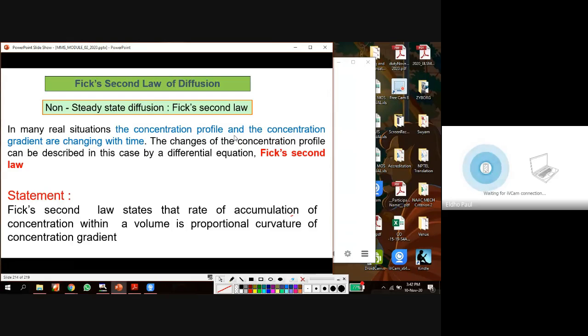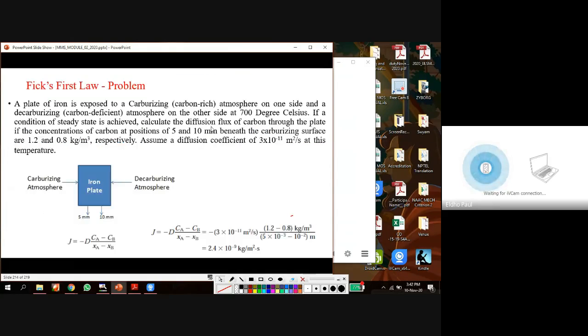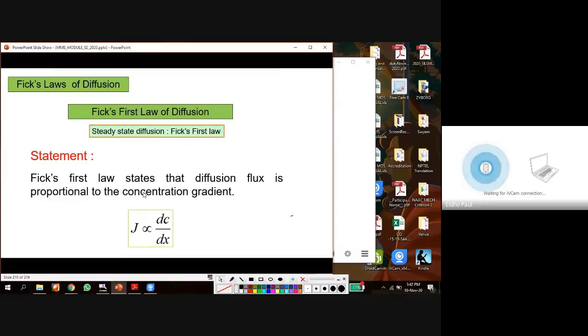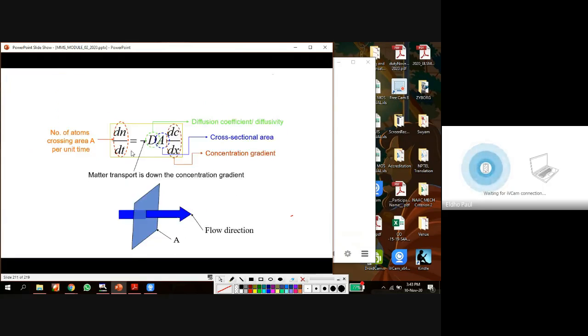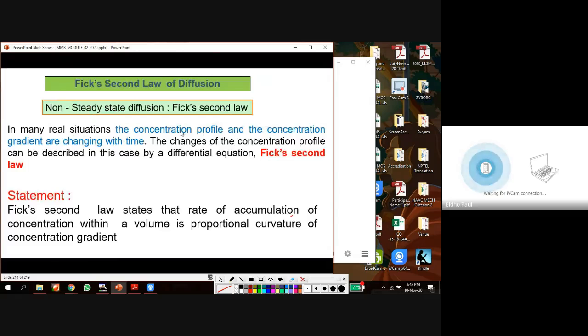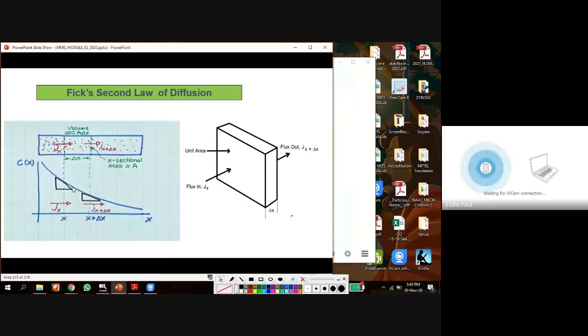But for the development of Fick's law, we consider the first law for steady state diffusion. For deriving this equation, we assume that the diffusion is steady state, and developing the second law, we assume that diffusion is unsteady state. That is why here we have one Jx and here we have another Jx plus delta x.